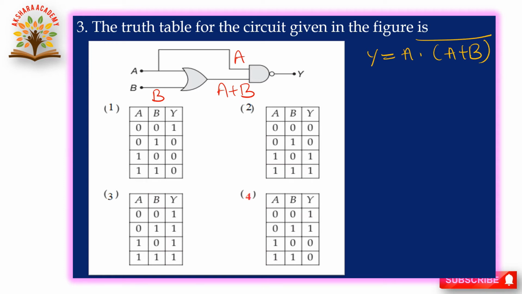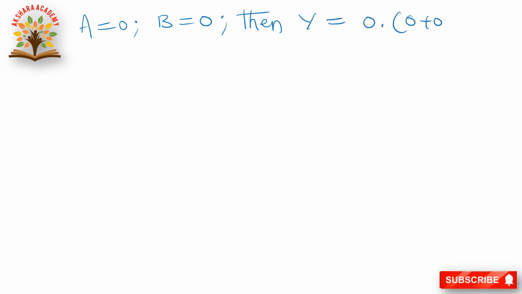Now A is equal to 0, B is equal to 0. First situation, A is equal to 0, B is equal to 0, then Y is equal to 0 dot (0 plus 0 bar), so that is equal to 0 bar, that is equal to 1.